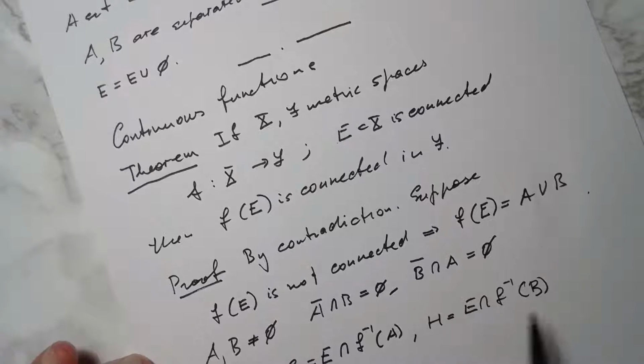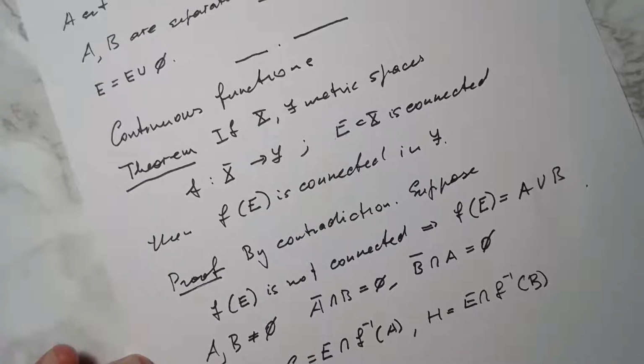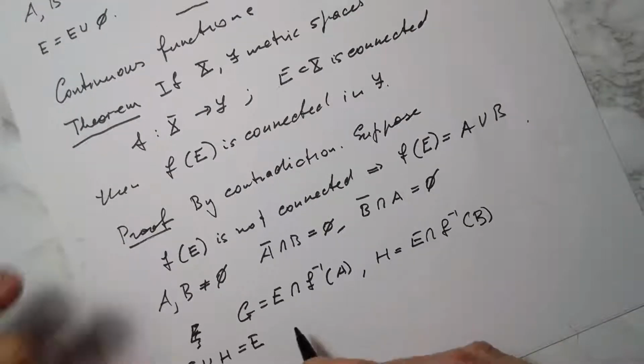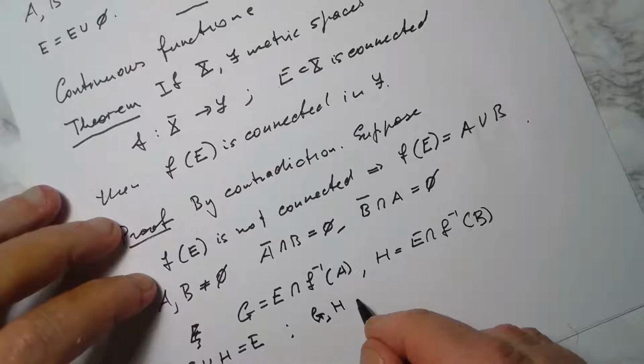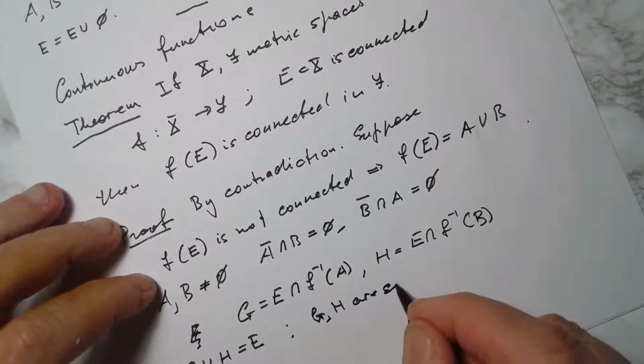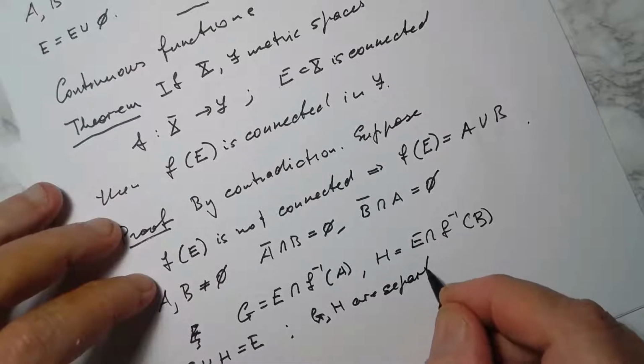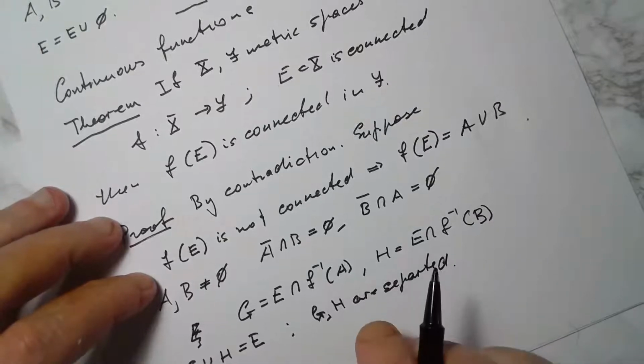Okay. So what I claim is that in that case, G union H is of course equal to E. You should agree with that just from these two conditions. And I claim that G and H are separated. Well, let's see why.